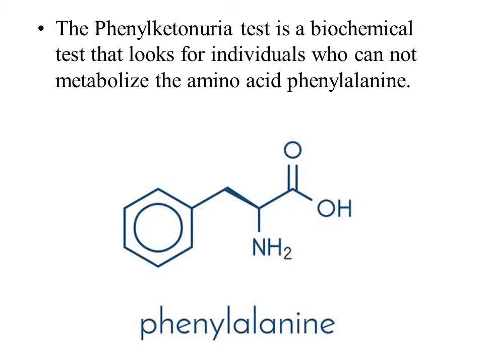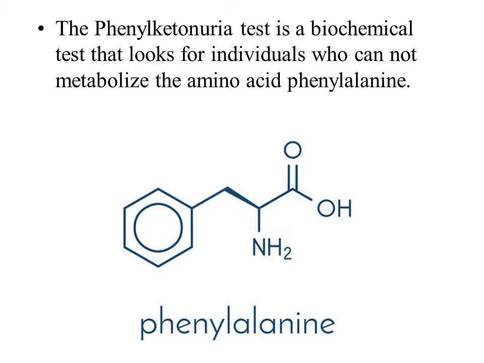If you determine that the individual developing inside of you has this phenylalanine issue, then if you give phenylalanine in the diet to this individual, you're going to make that developing baby retarded.